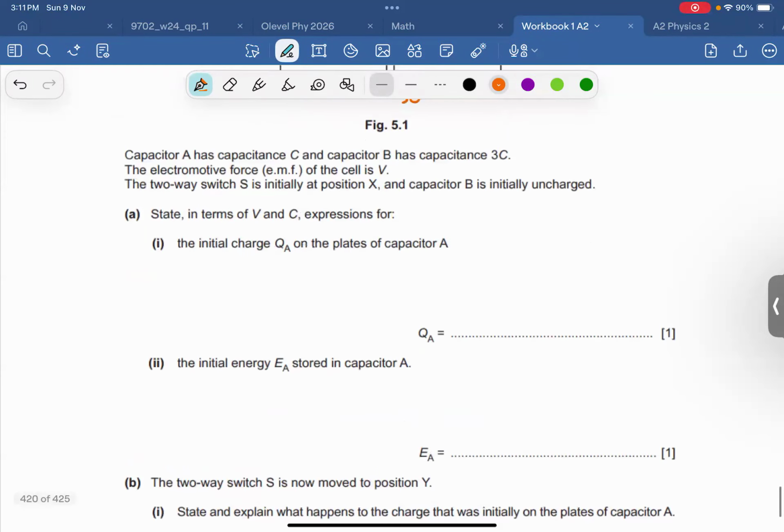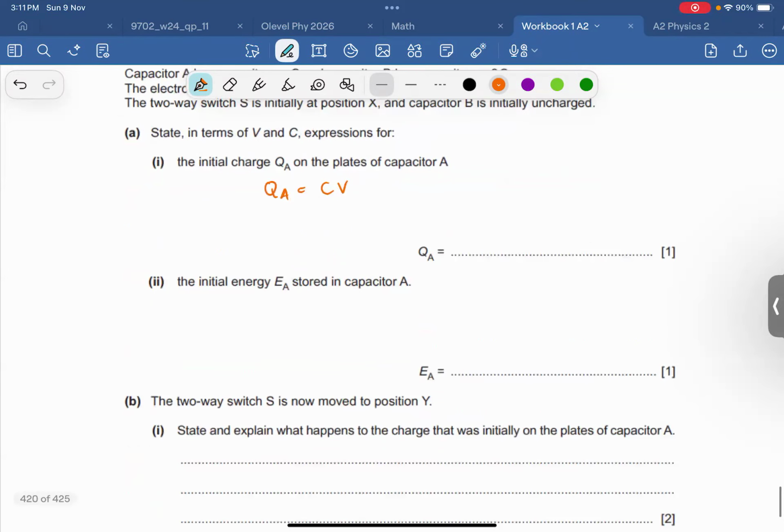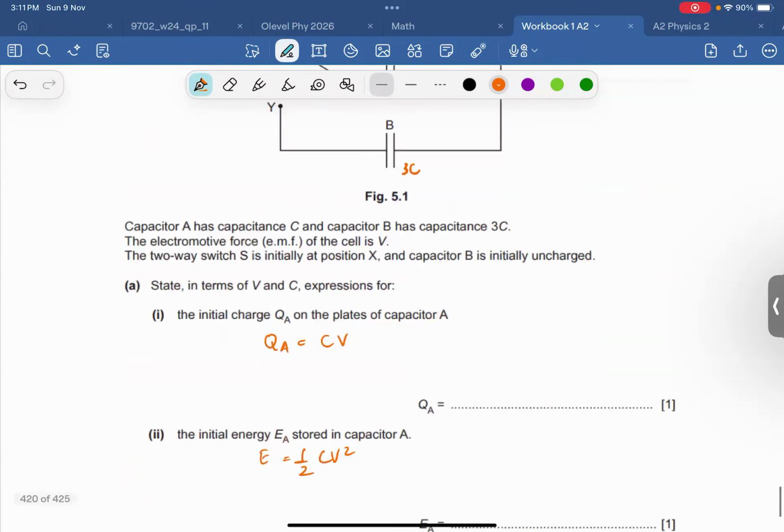So QA is equal to C times V. Simple thing. Initial energy stored: E is equal to half CV squared, or QAV can also be used.